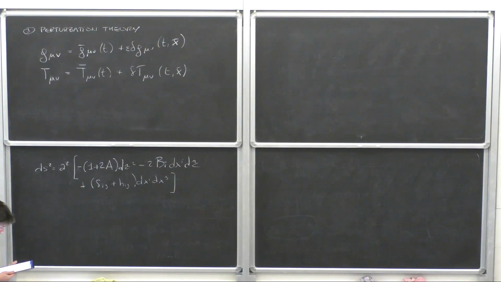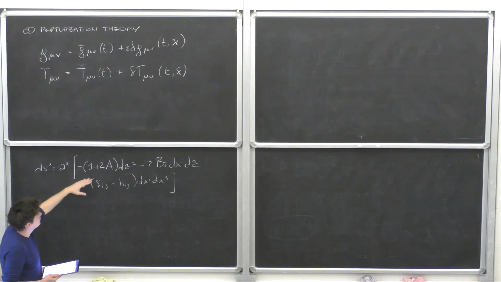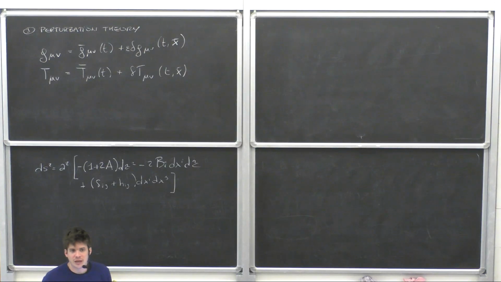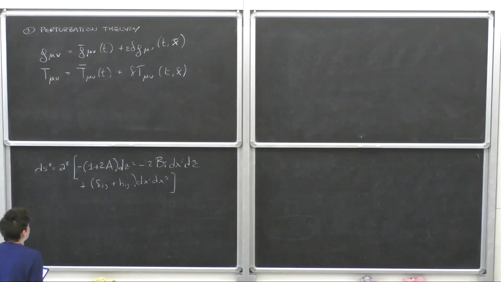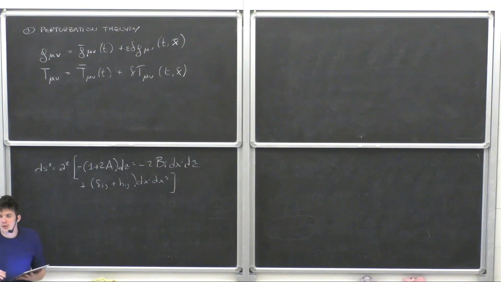Very good. Okay, so now the next thing we want to do to build up our perturbation theory is to split these perturbations based on how they interact with homogeneity and isotropy on the 3D space. We ask ourselves how these fluctuations, which are in principle completely arbitrary, interact with the fact that we have spatial indices.